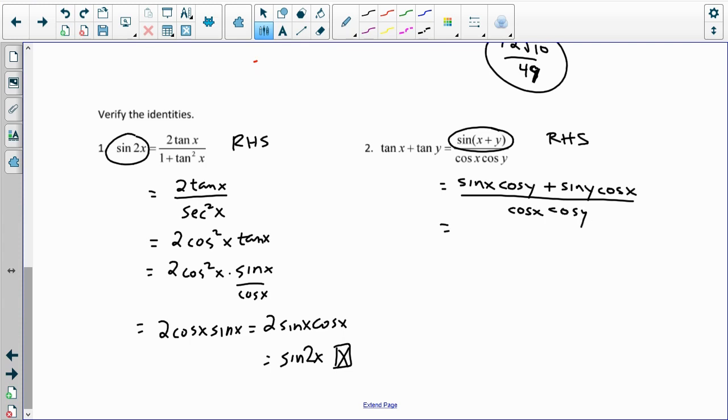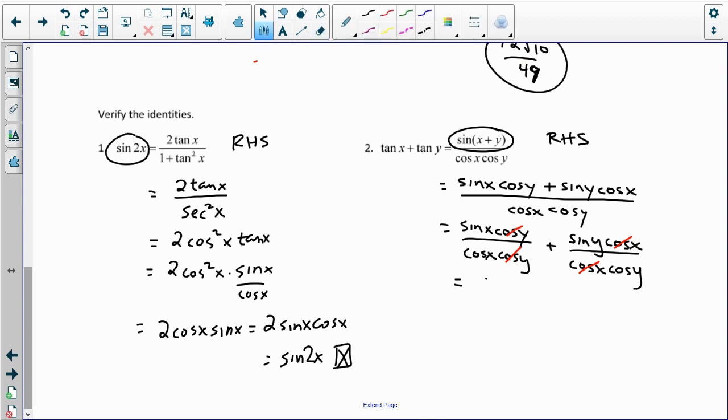And now I'm going to rewrite it as sine x cosine y over cosine x cosine y plus sine y cosine x over cosine x cosine y. Notice that the cosine y's can cancel in the first one, and the cosine x's can cancel in the second one.